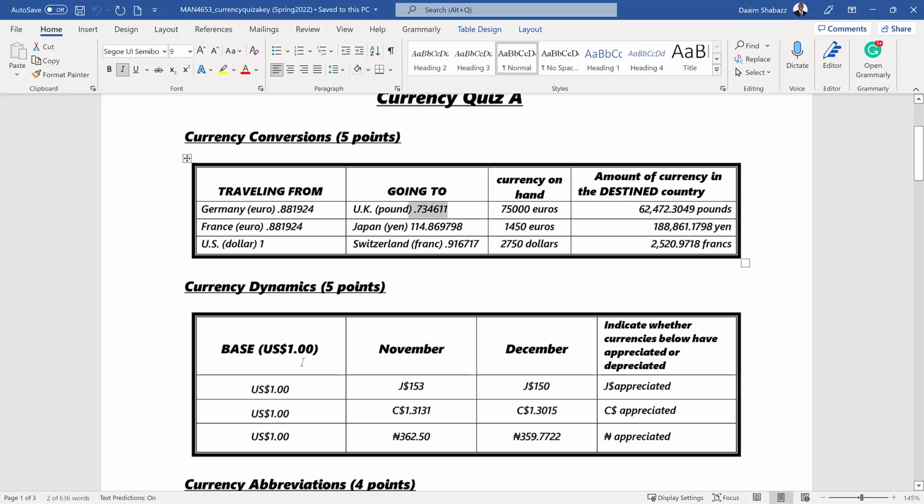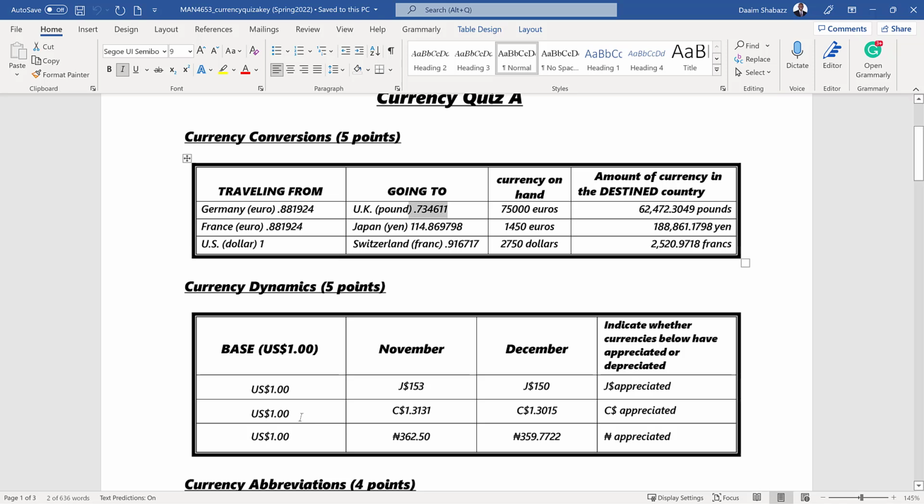So both of these quotes are equal to $1. 0.88194 euro is equal to $1. 0.734611 pounds is equal to $1. So if both of these quotes are equal to $1, then they're equal to each other. So now that serves as the basis of finding the ratio between the euro and the pound.